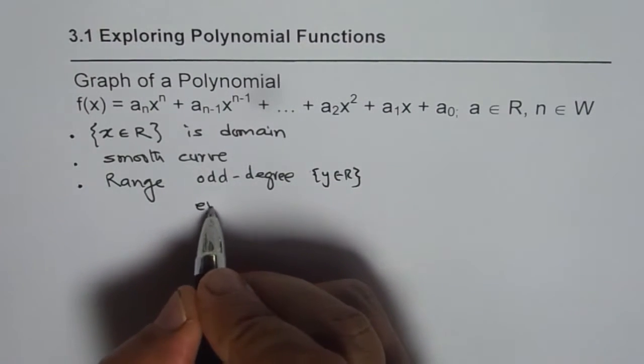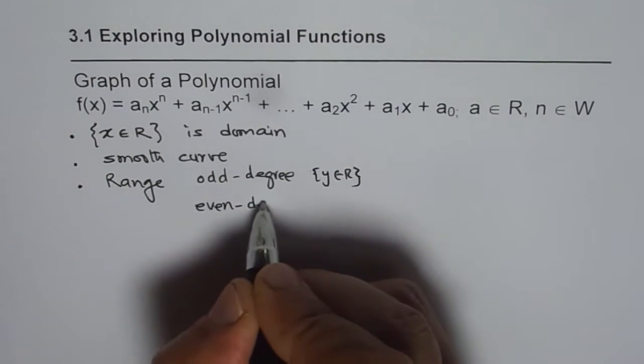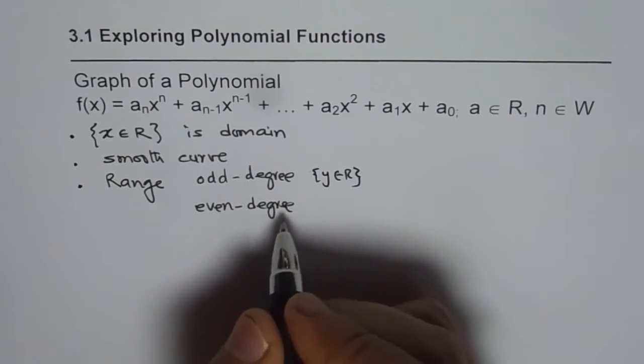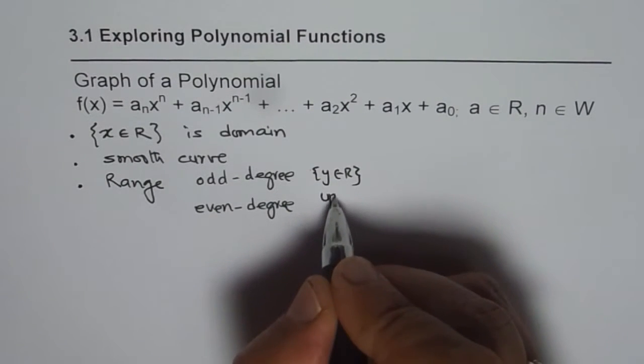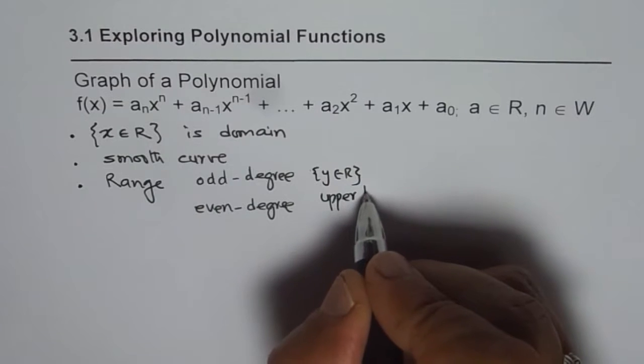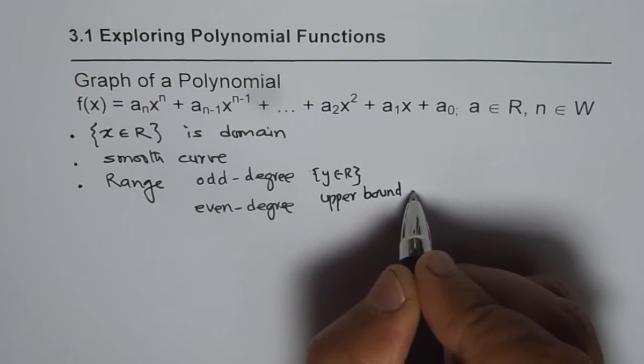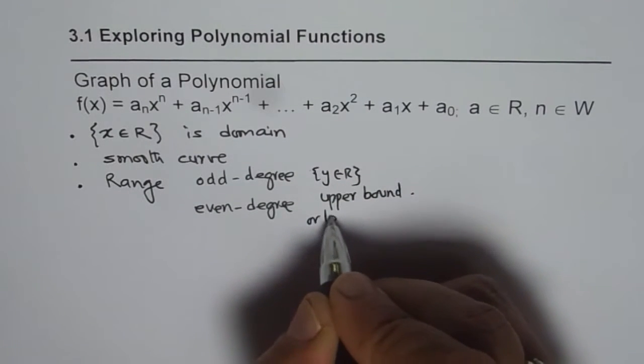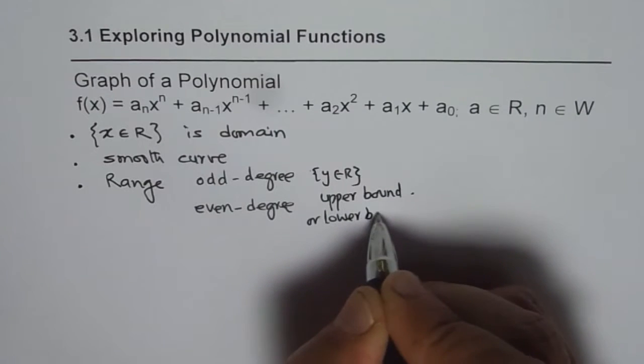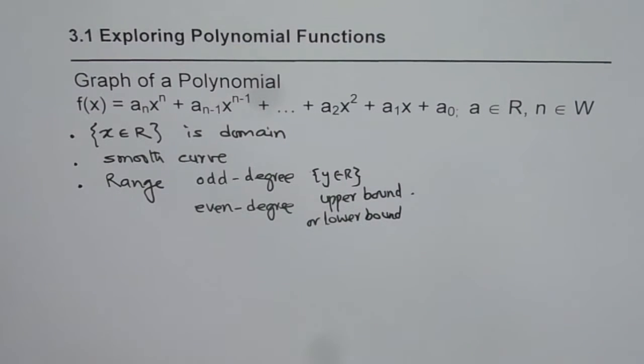But if it is even degree, then we may have an upper bound or lower bound. One side, not both sides, if it is even degree, right?